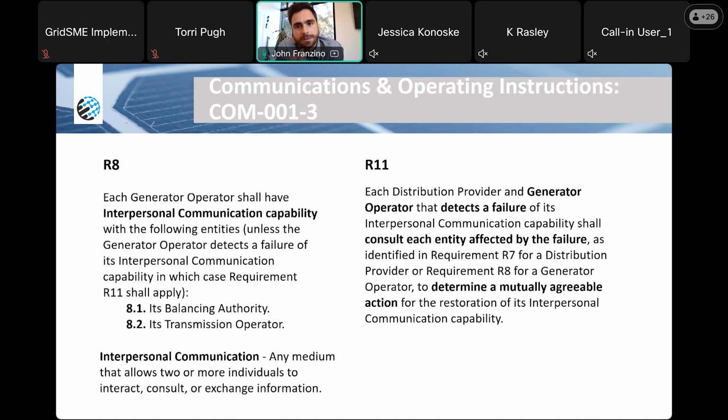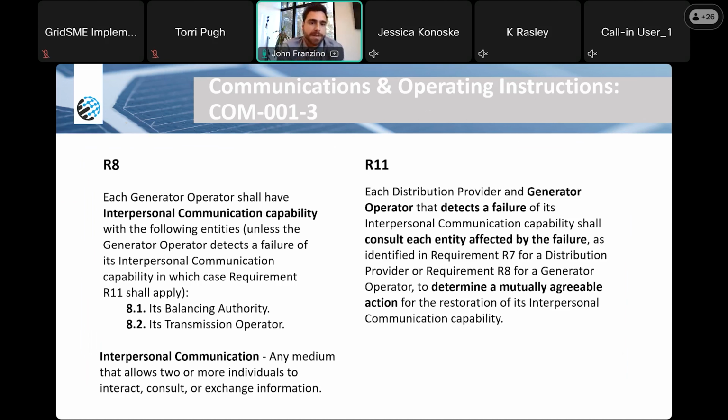So the GOP is going to have a contact matrix for the real-time desks, the TOP and BA. There's probably an outage management system that you need to submit planned and unplanned outages to. But ensuring the right status updates for the facility are flowing between the generator operator and other reliability entities is super critical.